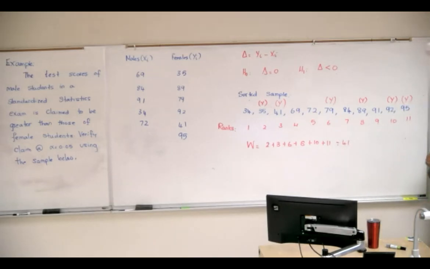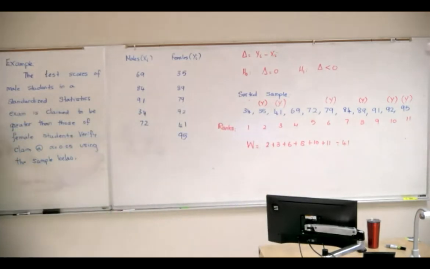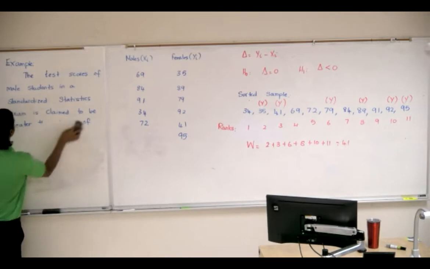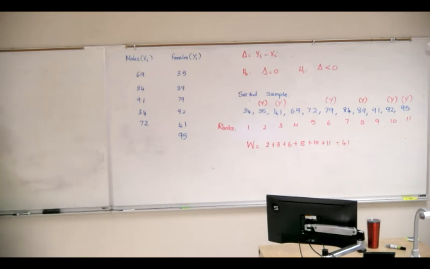Good. So we found W. We want to find the critical value of rank, which would mean we need to come up with U and U prime.